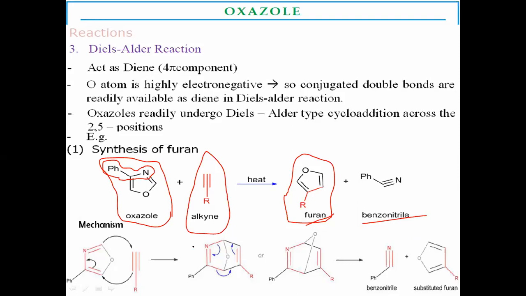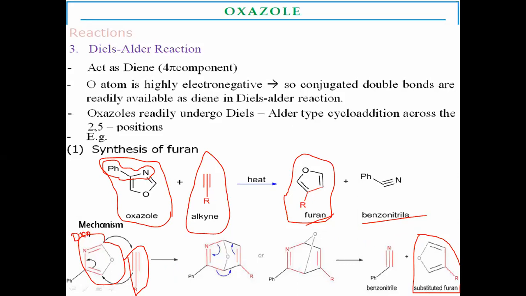benzonitrile. Here you have to see the mechanism of how the final furan is formed from oxazoles. Here the alkyne attacks the second and fifth position carbon atoms and undergoes cyclization. This alkyne acts as a dienophile and this oxazole acts as a diene.